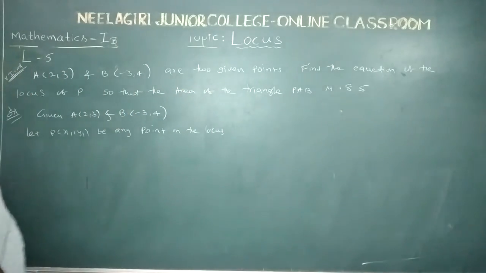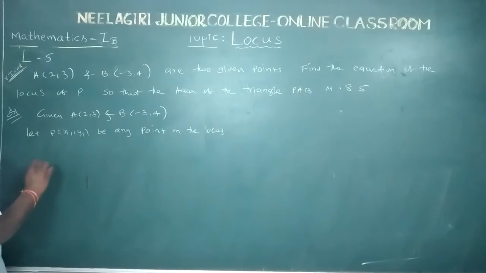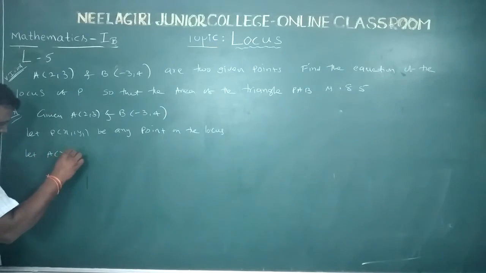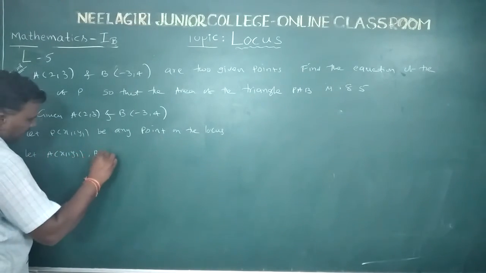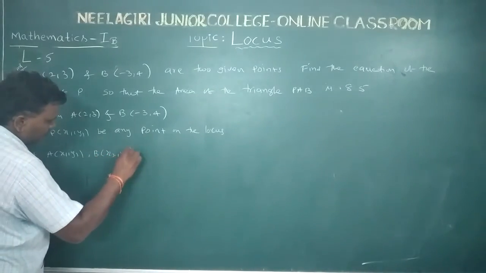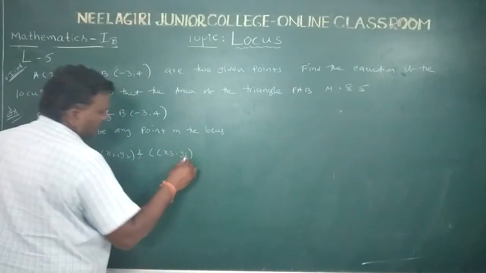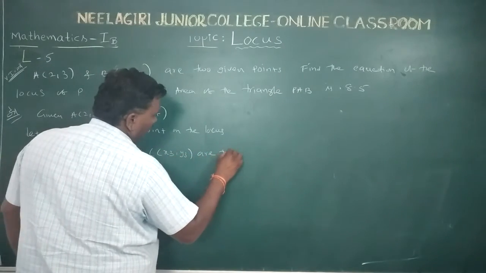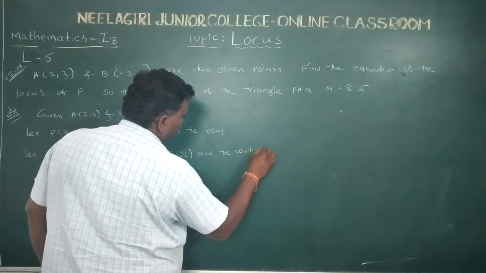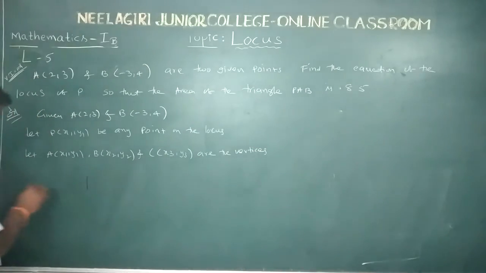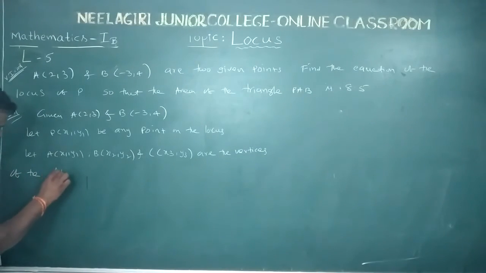First, let A(x1, y1), B(x2, y2) and C(x3, y3) be the vertices of the triangle ABC.